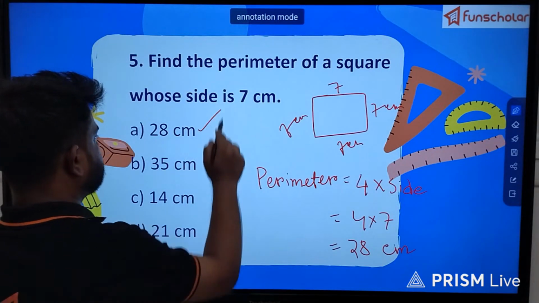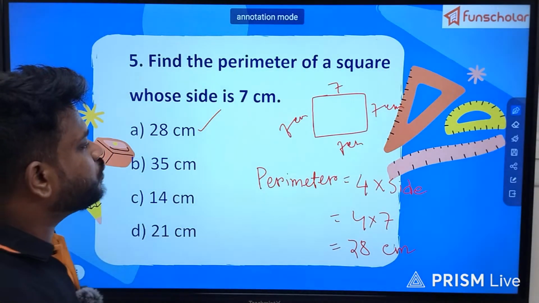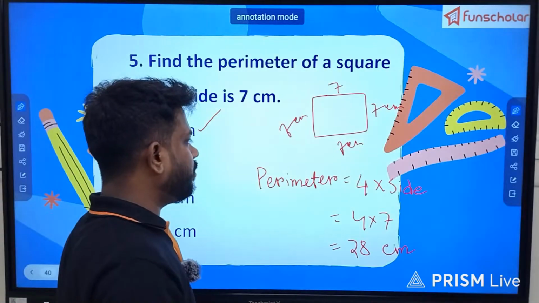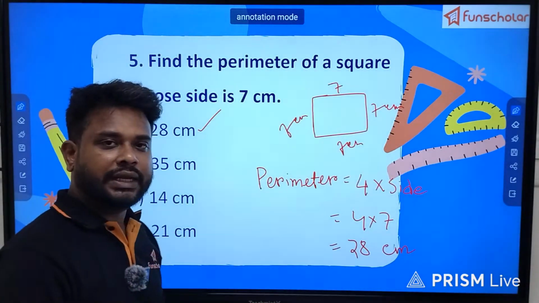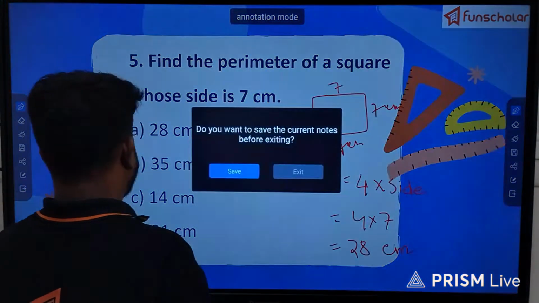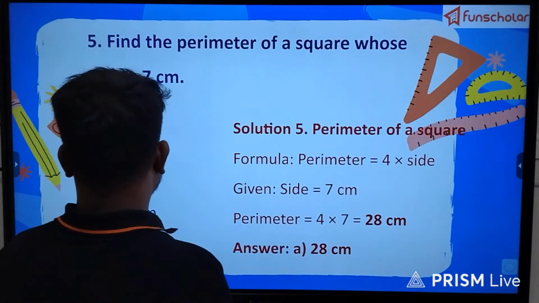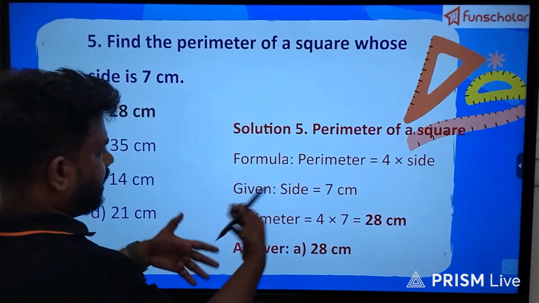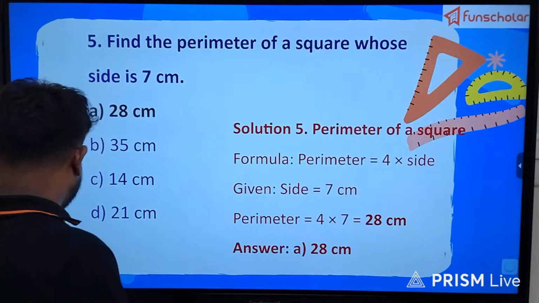Okay, 4 into side is the formula for the perimeter of a square, and it will be 28 centimeter. Okay, done. The next one, yes, they have done it like this.